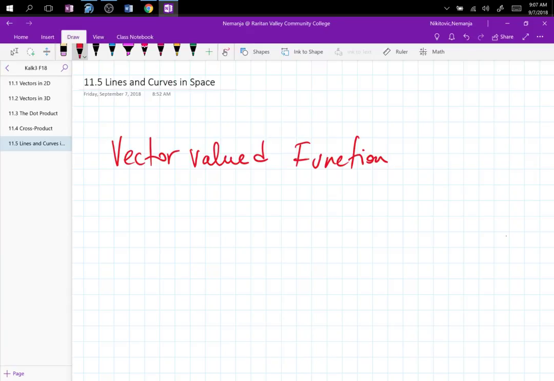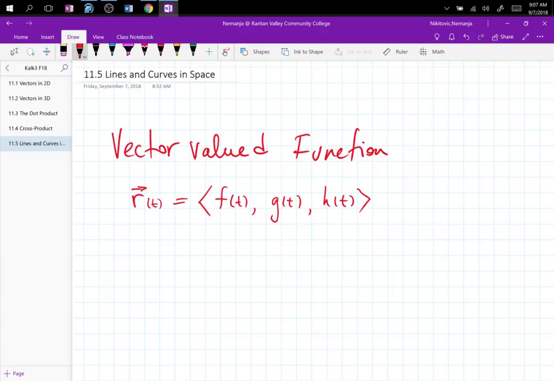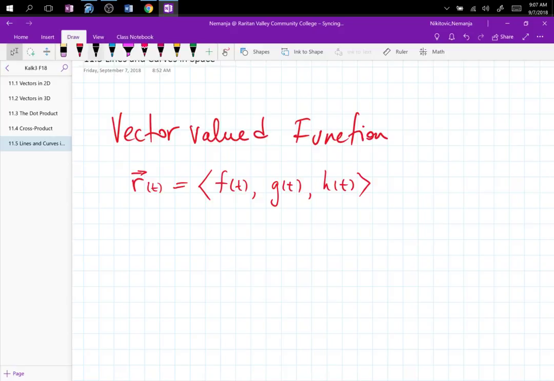We generally use R, and we say R of t is going to be f of t, g of t, and h of t, because generally we trace the position in time. So this is the vector valued function, and this is the definition.